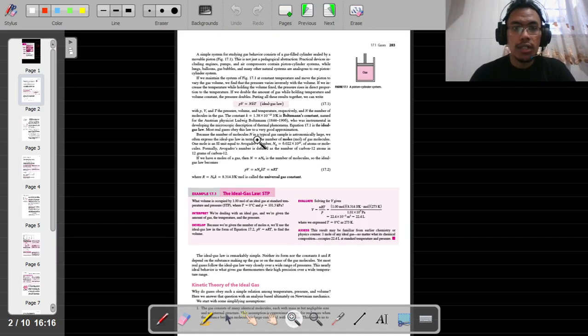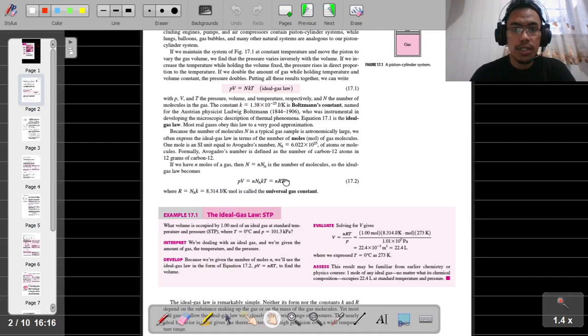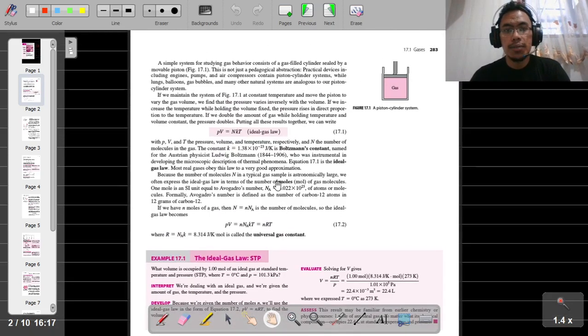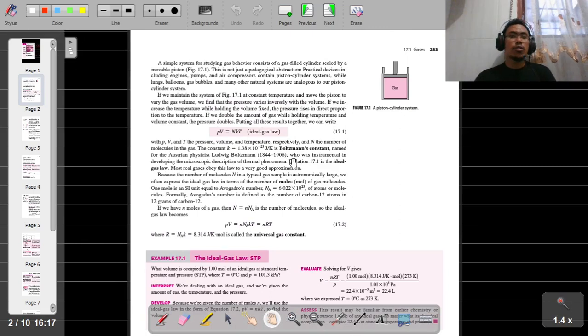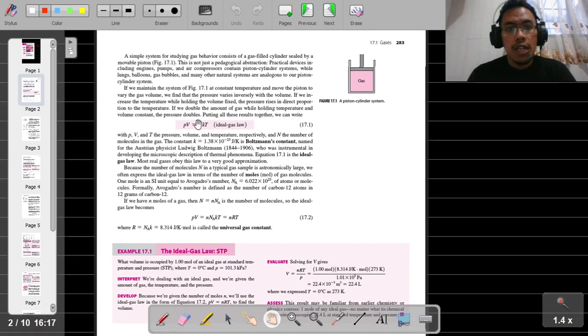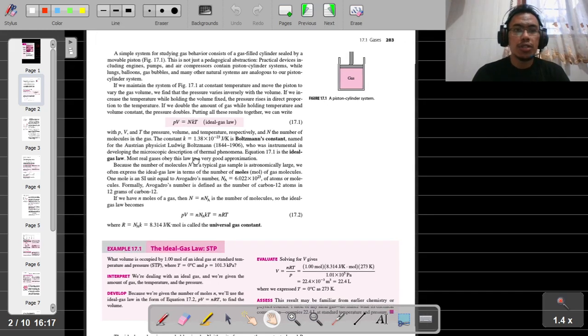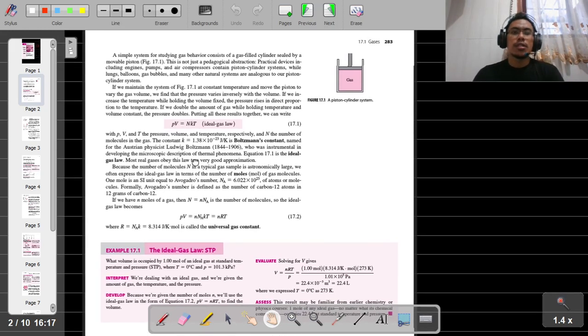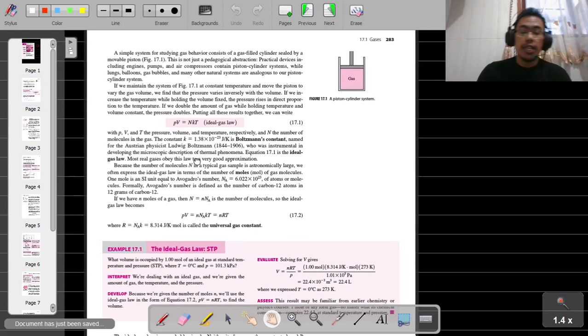I will make it simpler. There is a passage here, and if you want you can learn it by yourself, but I will put the important things, so we can shorten our time and make it simpler.